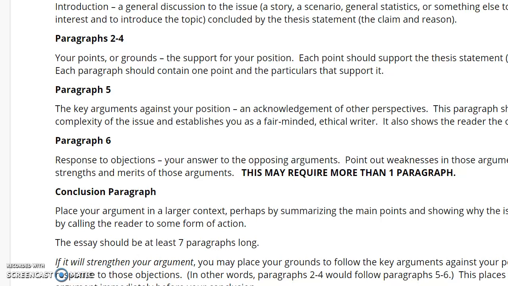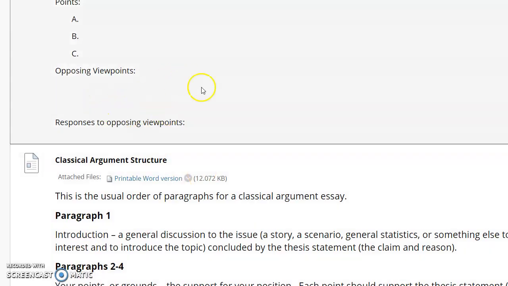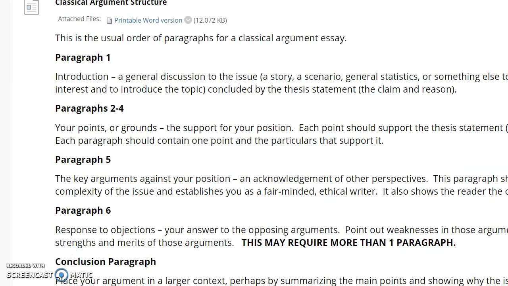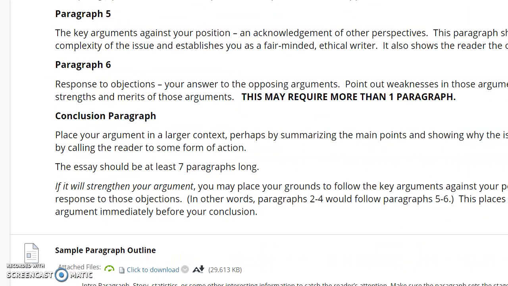And then in paragraph 5, this is going to be a very short paragraph because in it you merely state those opposing viewpoints. Just as I mentioned them up here, you list them. Some people think this, others think this, others have this view, others think this about the issue. You merely state them. You don't discuss them.